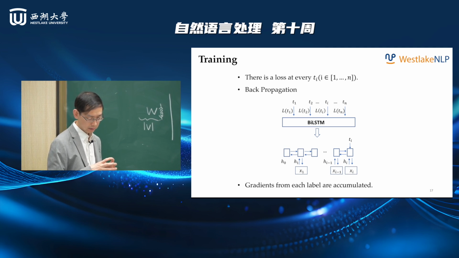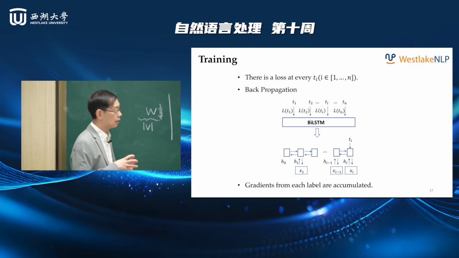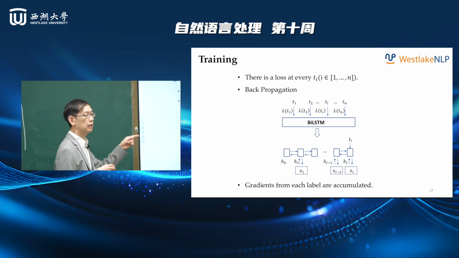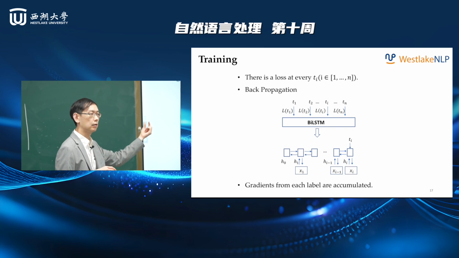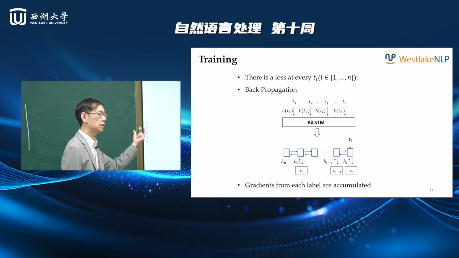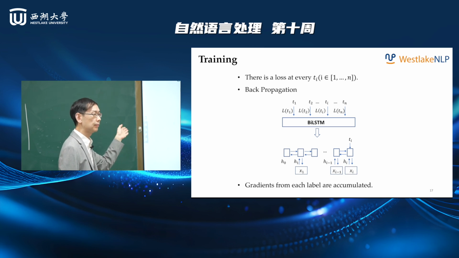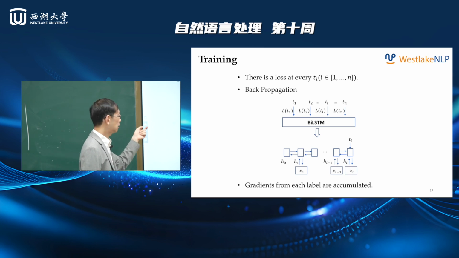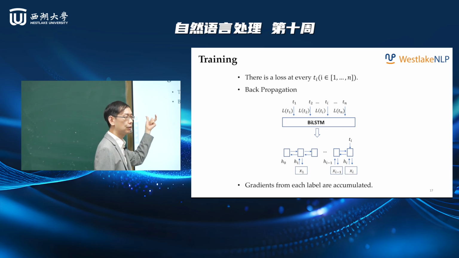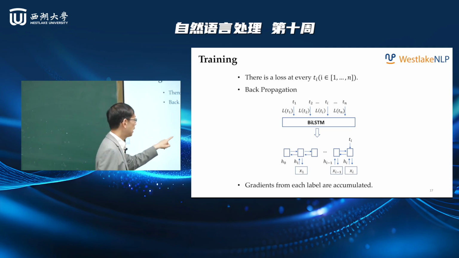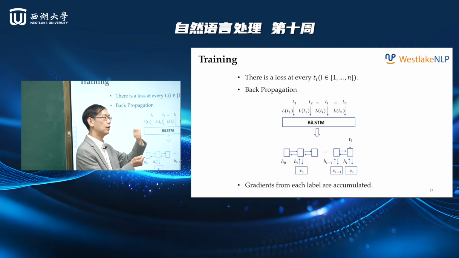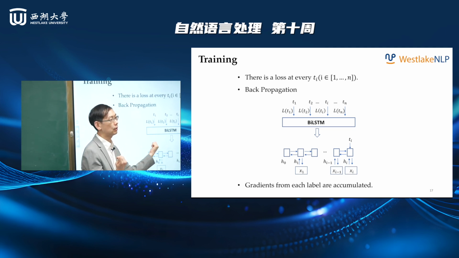There is one thing, which is that the gradients of your sequence encoding layer now come from each individual part of speech tag, accumulated together. For classification, we have a single hidden representation which is connected to the output layer. But for sequence labeling, every hidden representation, h_i, is connected to its own output layer. And therefore, the gradient will propagate back to this hidden representation. And then it will propagate to both the history in the forward direction and the history in the backward direction in the BiLSTM.